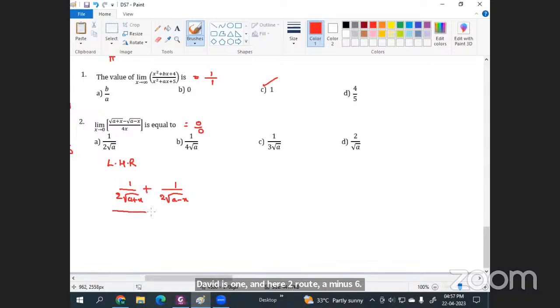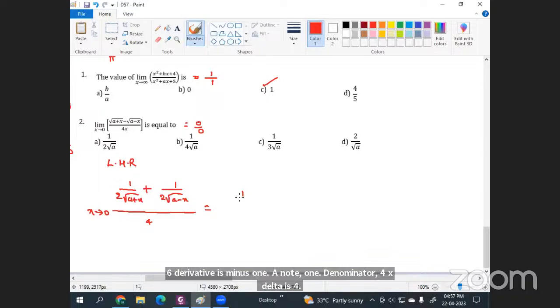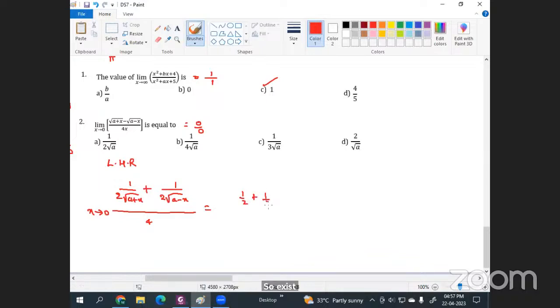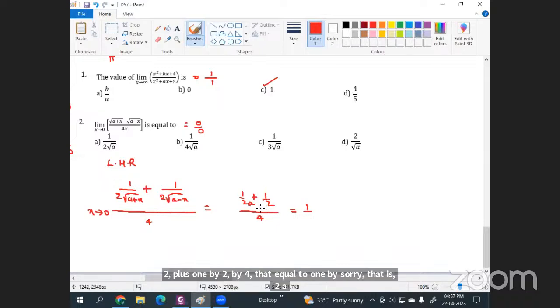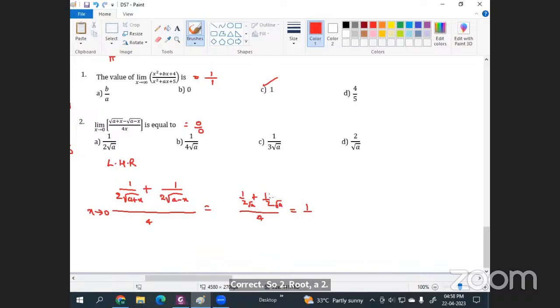Denominator 4x derivative is 4. So x is tending to 0, then put x equal to 0. So 1 by 2 root a plus 1 by 2 root a, that is 2 root a by 4, so that equals 1 by 4 root a.